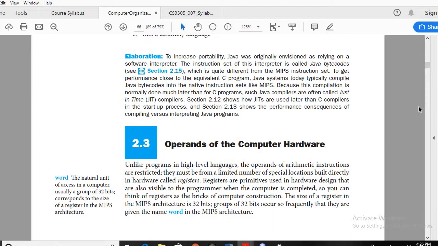Or rather, a register can hold a word. Only one word. The size of a register is 32 bits. 32 bits is a word. A register holds a word.